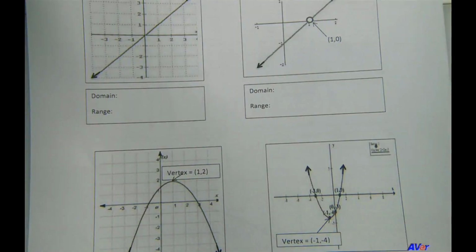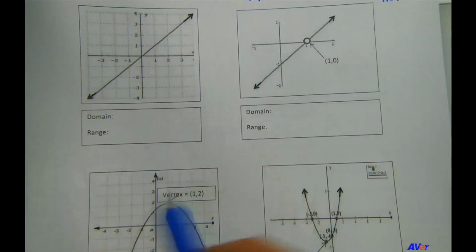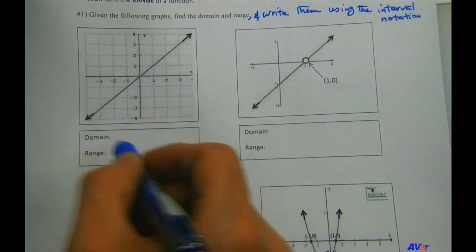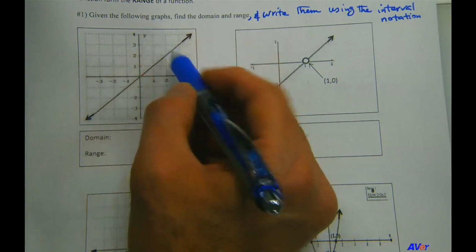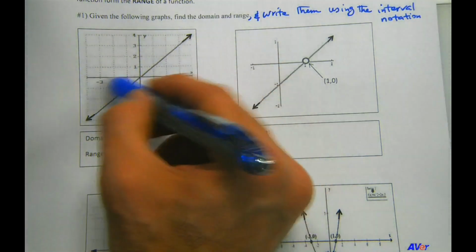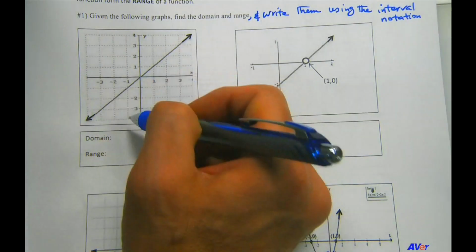When you learn something, it's always better to start easy and then build on that to more complicated problems. So in this case, we have a graph. To write the domain, force your eyes to look at the behavior of this graph with respect to the x-axis.